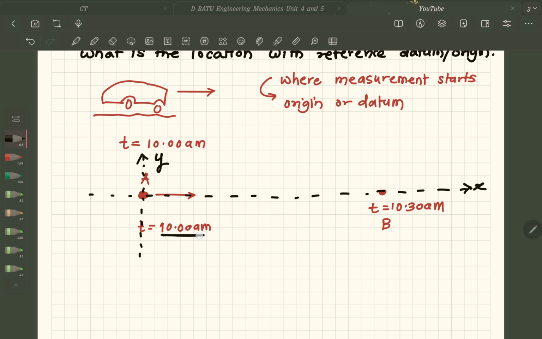Initially the car was at point A at 10 a.m., so here I am considering t equals 0 seconds. That means I start the measurement when the car starts moving in the forward direction towards B. At 10:30, that means t equals 30 minutes, the object will reach point B. If I want to know the position of the object at point B, I consider the displacement traveled between A and B in the x direction, which I call x.